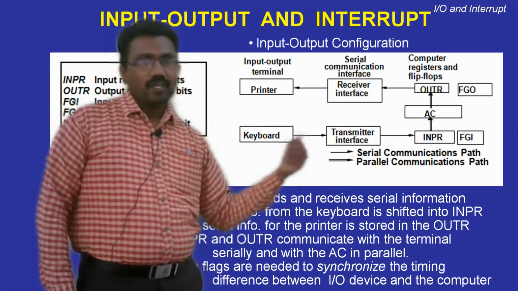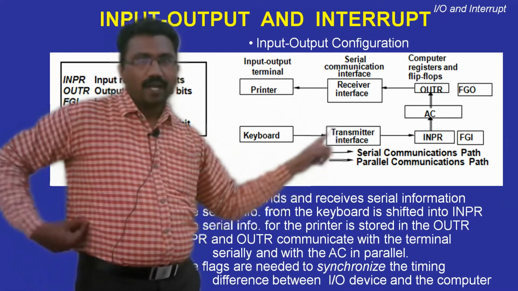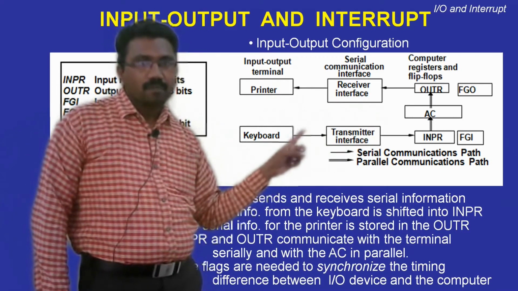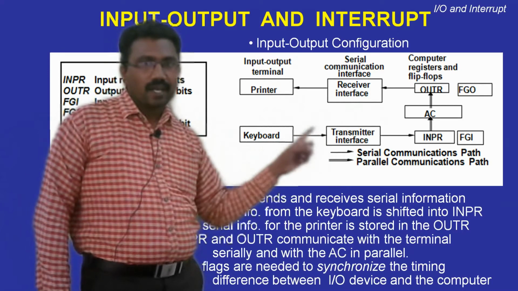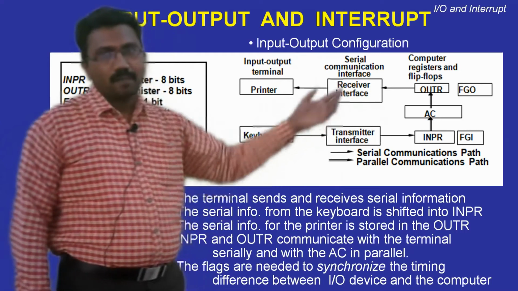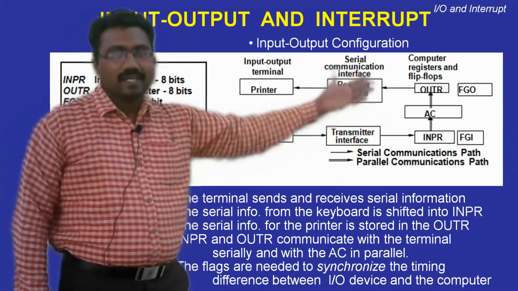In this diagram, one line indicates a serial communication path and a double line indicates a parallel communication path. Serial communication path is nothing but in a single line at a time only one bit will be transmitted, whereas in a parallel communication path a number of bits are transmitted simultaneously.